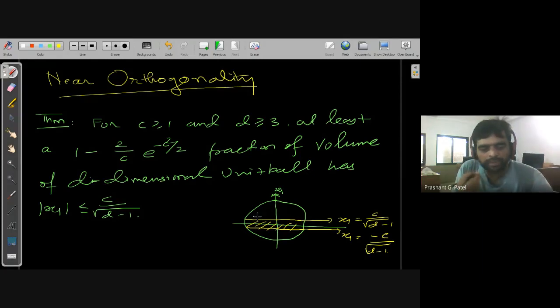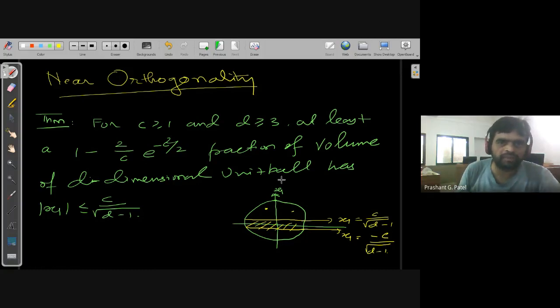One immediate implication of this analysis is that if we draw two points at random from the unit ball, then with high probability their two vectors will be nearly orthogonal to each other.